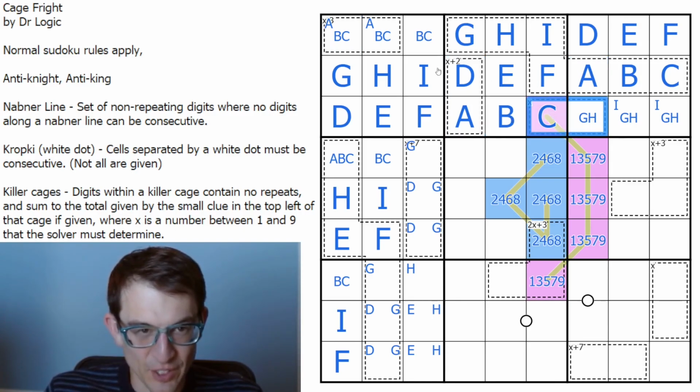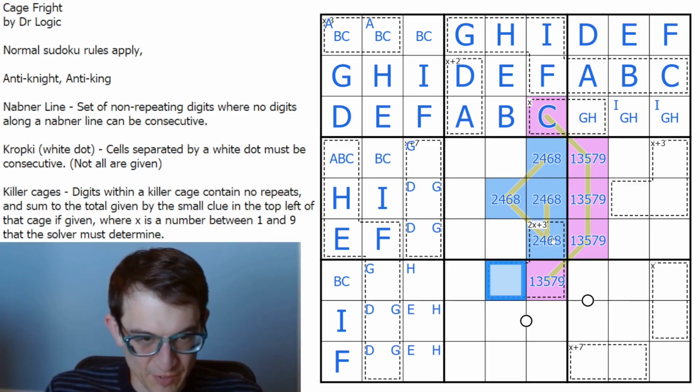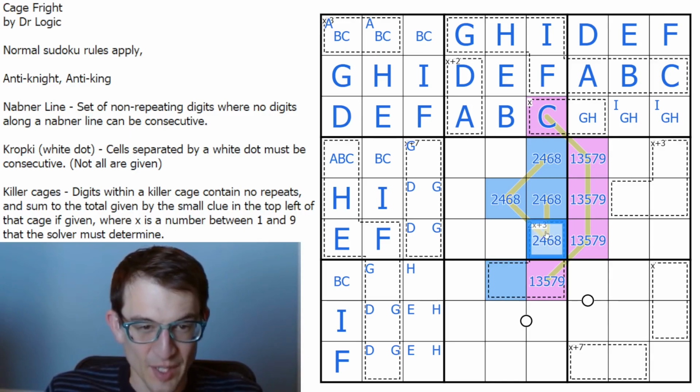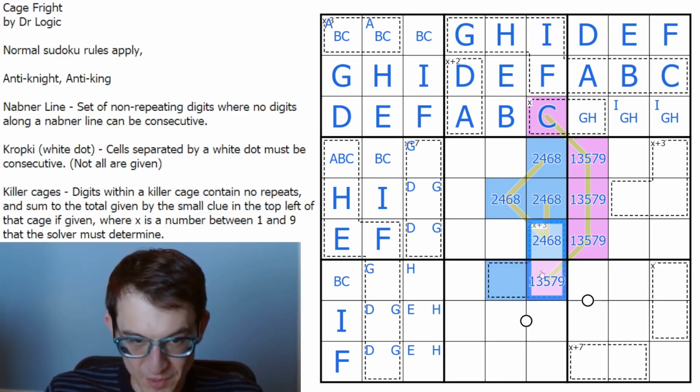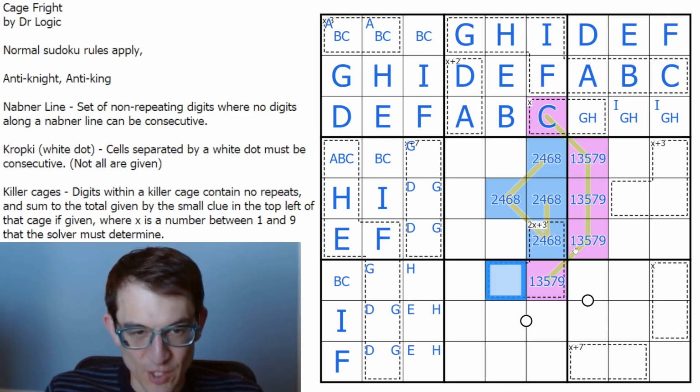Because if I could fill in the odd or evenness of any of these, I can figure out whether x is even or odd. Actually, it doesn't matter whether x is even or odd. 2x is going to be even. Plus 3 is an odd number. Even plus odd is odd. So this whole cage has to be odd. These two, even plus odd, will be odd. So the thing I have to add to it will be even.